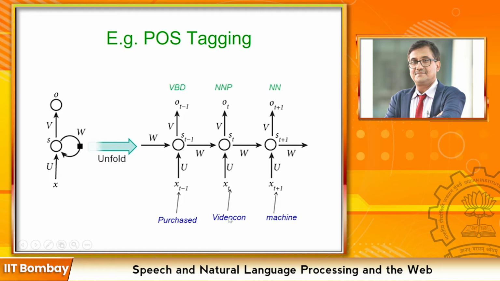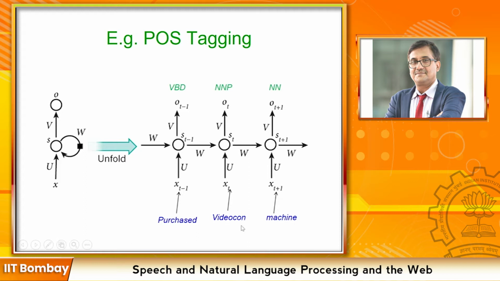So purchased Videocon machine. Videocon machine kharida. Okay, Videocon machine kharida. Now see what is happening. Purchased was in the beginning of the sentence. So Jyotsna, please note these points because it relates to things we covered, should be in the slide.